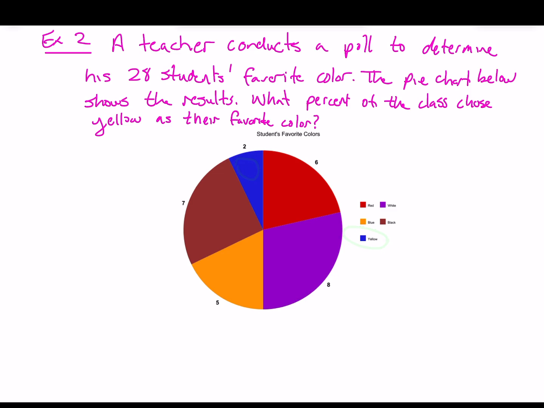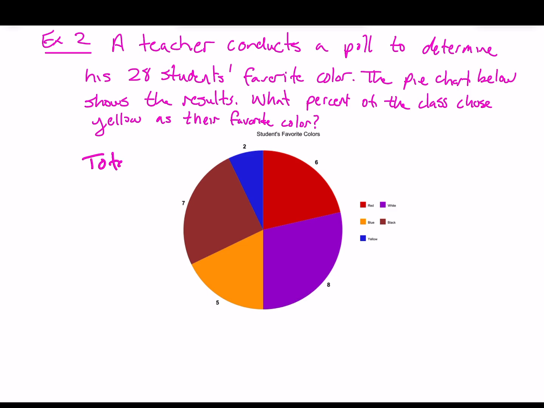The piece that is blue represents yellow as a favorite color. The color that is brown represents black as a favorite color. The orange color represents those who have blue as a favorite color. And the purple section represents white as a favorite color. So the colors of the circle do not necessarily indicate what they represent. So always look over here to the legend or the key to find out what it really means.